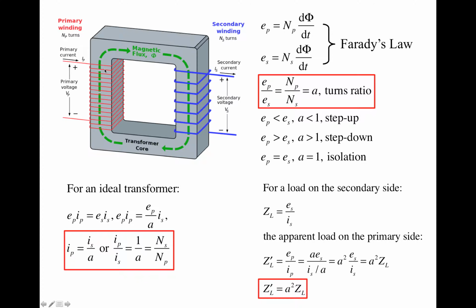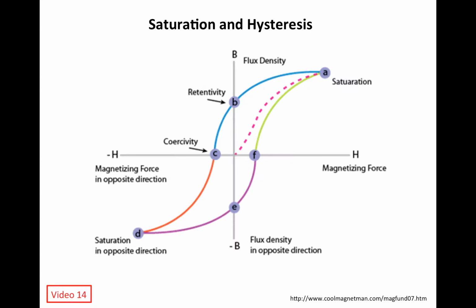And so the magnetic flux is induced based on Ampere's law. Ampere's law was discussed in video 14, and it tells us that the magnetic intensity H is proportional to the current times the number of turns in the coil.